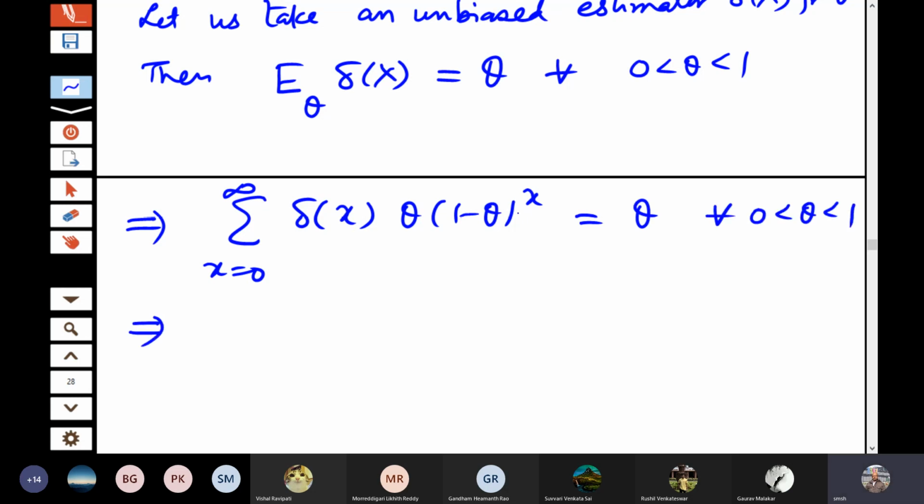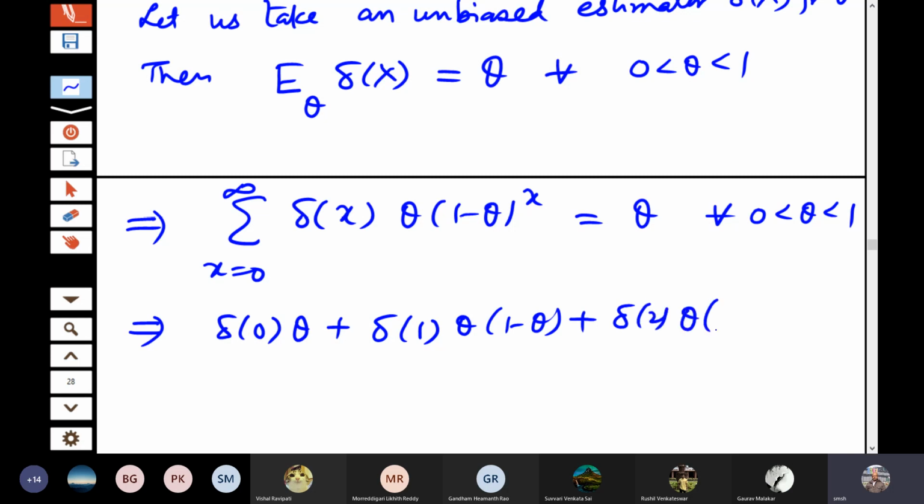So you write down the terms corresponding to x is equal to 0. This is delta(0) into theta, then delta(1) theta into 1 minus theta plus delta(2) theta into 1 minus theta square and so on. That is equal to theta for all 0 less than theta less than 1.